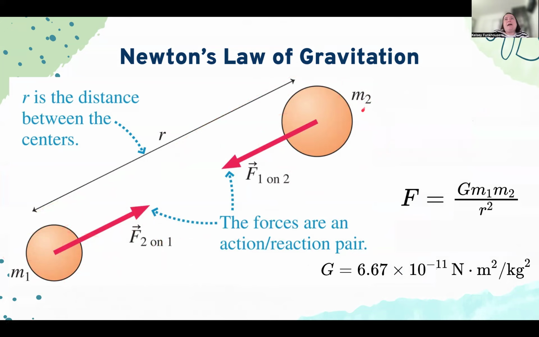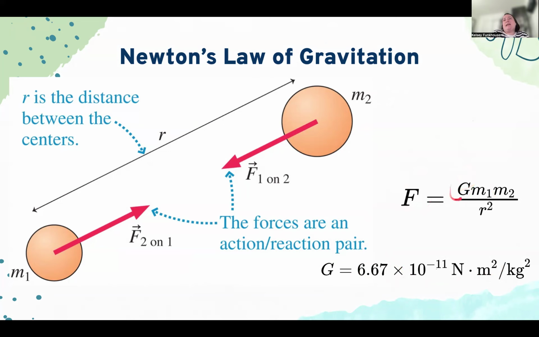Each one has its own mass, and they each have a gravitational force that acts on the other. That force is given by this capital G, which is the universal gravitation constant, or constant of universal gravitation, I think is the order. And it's 6.67 times 10 to the negative 11 newton meter squared per kilogram squared.